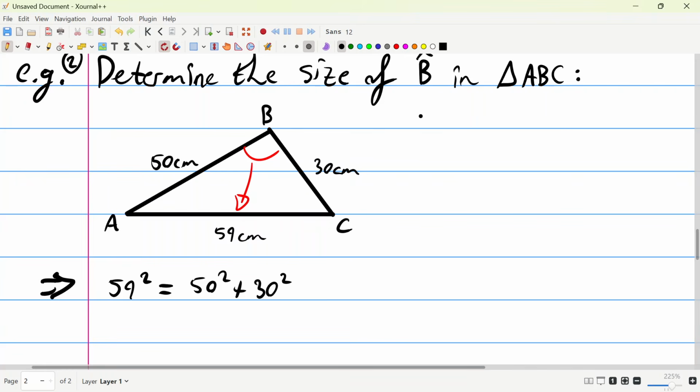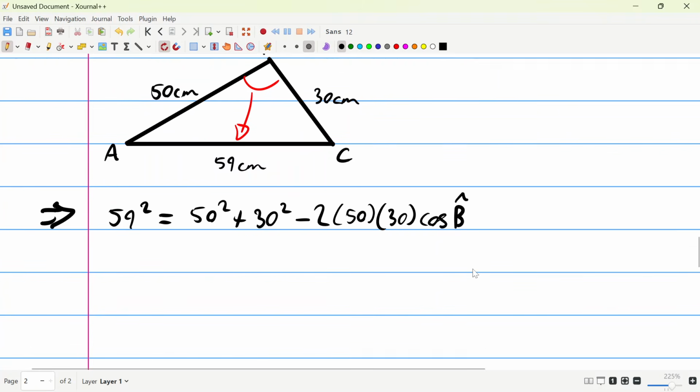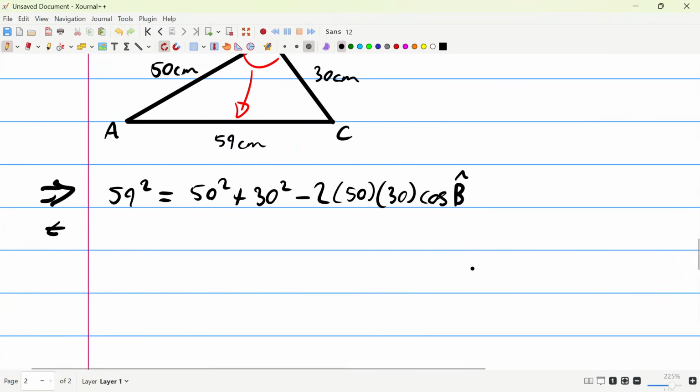Cool. Then we subtract 2 multiplied by the two sides here on their own. So it's going to be 50 multiplied by 30 times cosine of the angle B, which we don't know. Now the only variable is B, the angle B. So now we need to solve for B. We need to get this whole expression on its own, so we can take these two over to the other side.